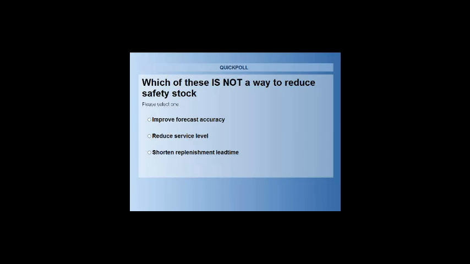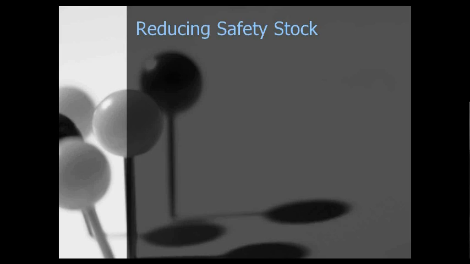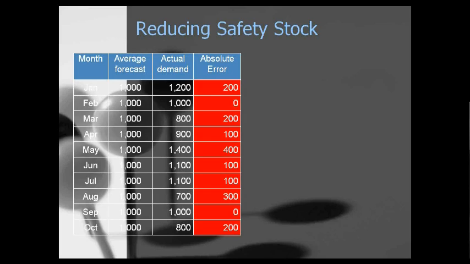The 2 ways that you can reduce the amount of safety stock that you have to carry is to improve your forecast. If our forecast is getting more and more inaccurate, what we need to do is go back to our customer service and salespeople and get them to look at the tools that they're using to do the forecast.